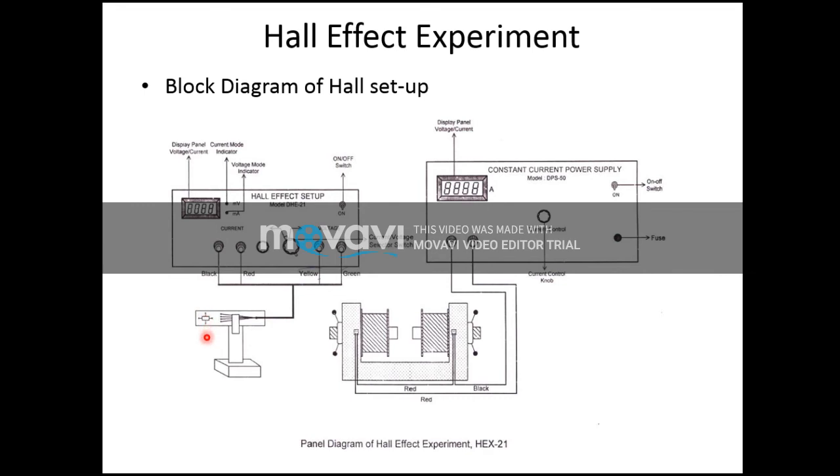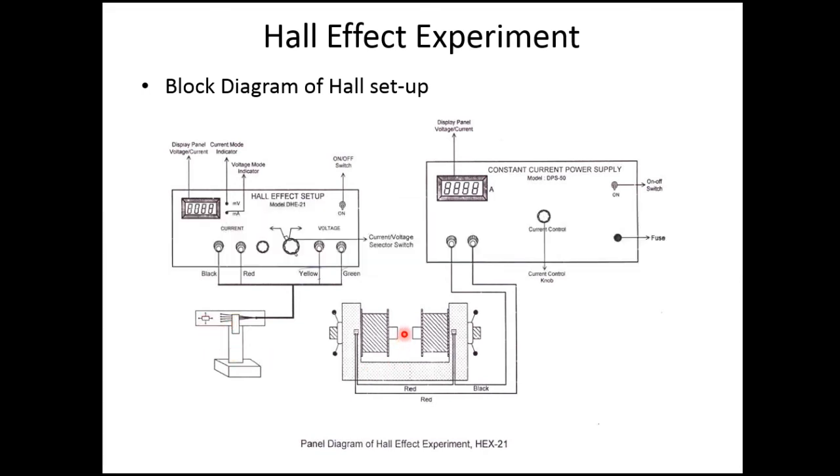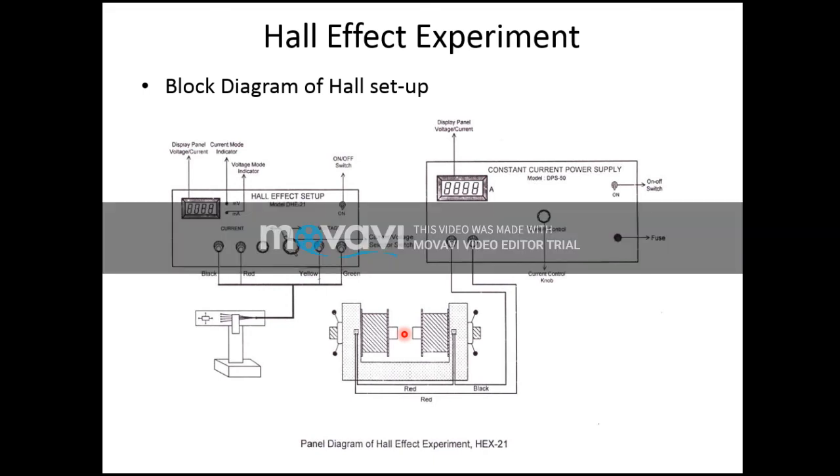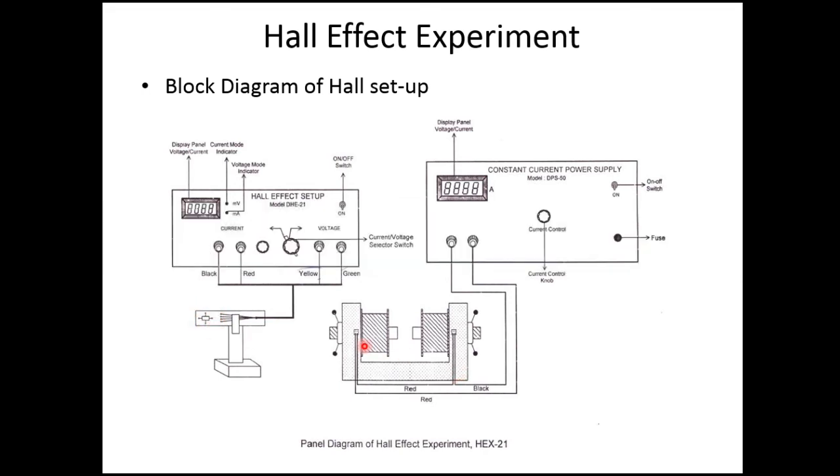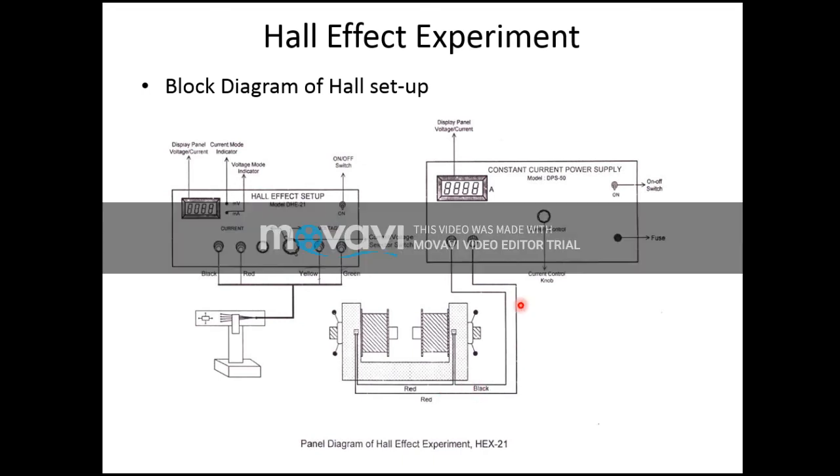Okay, so what we are doing, we will put this strip here. Okay, and after putting this strip here, we will apply the magnetic field. So we are actually putting this semiconducting strip in the magnetic field, and this magnetic field is provided by the constant current power supply. So we are putting the current in these coils, so they will produce magnetic field. So this strip is being put in the magnetic field.